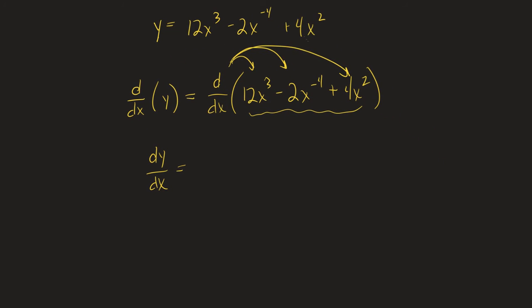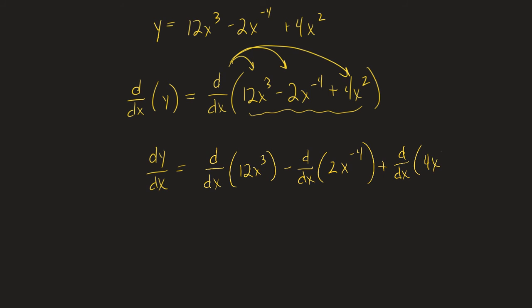Now, if I was a better teacher, I would write out every step here. I don't really want to, but I'm going to the first time. I'm going to say we're going to do d dx of 12x cubed minus d dx of 2x to the negative fourth plus d dx of 4x squared.